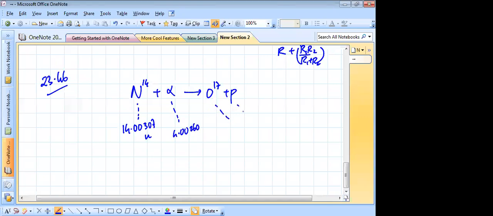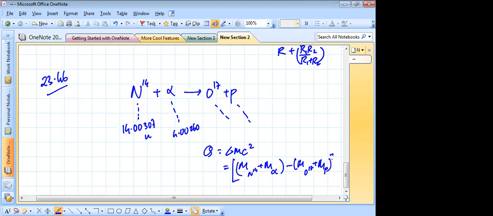Similarly, इसका mass दिया हुआ है, इसका mass दिया हुआ है. So what you do is you find the Q value as delta M into C square. So that is mass of N14 plus mass of the alpha particle minus mass of oxygen 17 isotope plus mass of that proton. This into that 931.